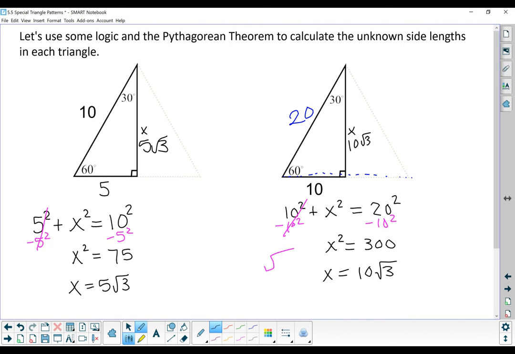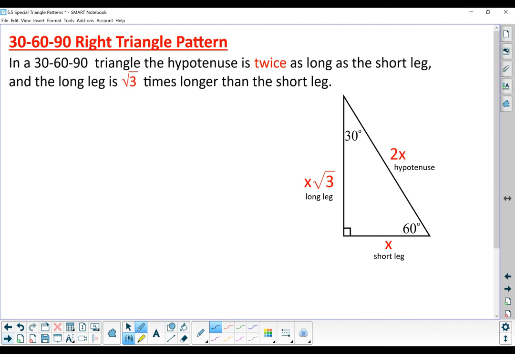So do you see the pattern there? We have 5, 10, and 5 root 3. We have 10, 20, and 10 root 3. This is our 30, 60, 90 special triangle pattern. In a 30, 60, 90 triangle, the hypotenuse is twice as long as the short leg.